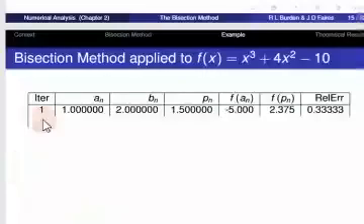You look at this table here: this is the first iteration, A is 1, the initial left endpoint, and this is the right end, 2, and the midpoint of these two points is 1.5, and the function value at the midpoint is positive. Then definitely the exact root is in between these two numbers, and also you can find the relative error.